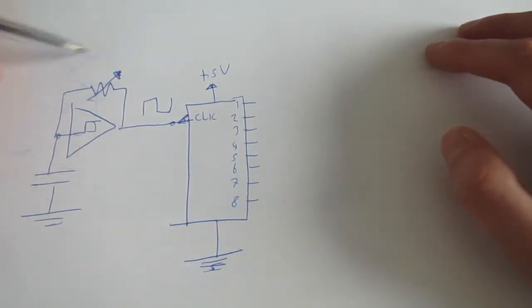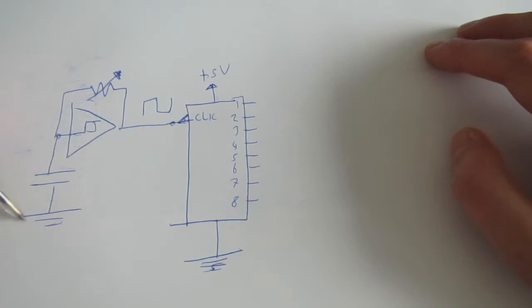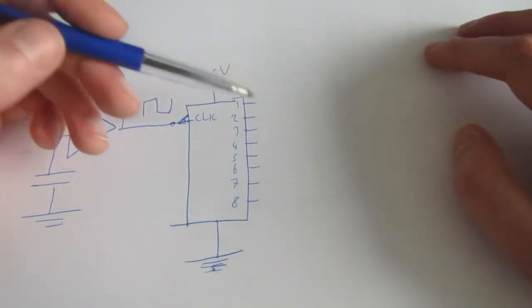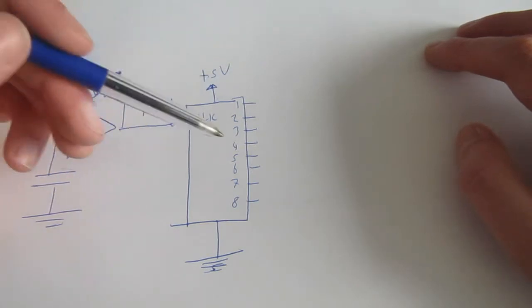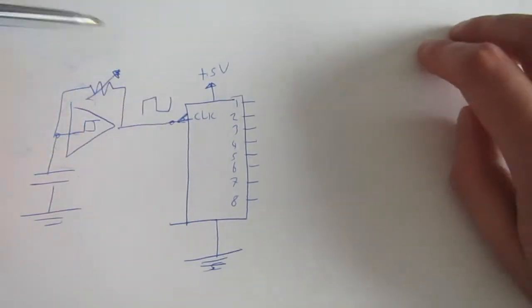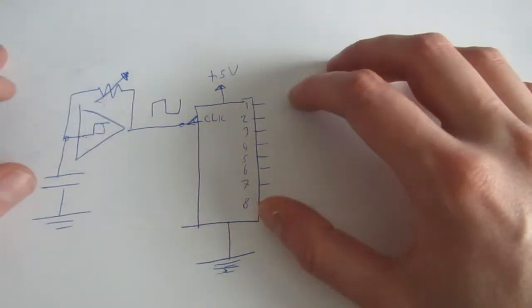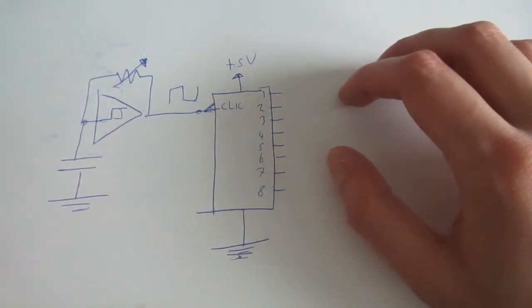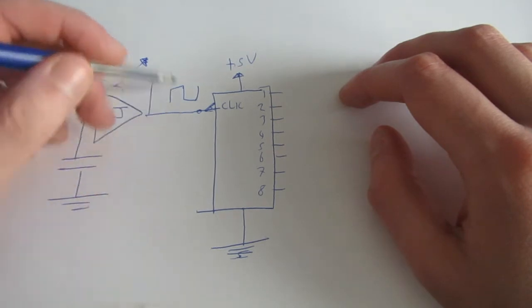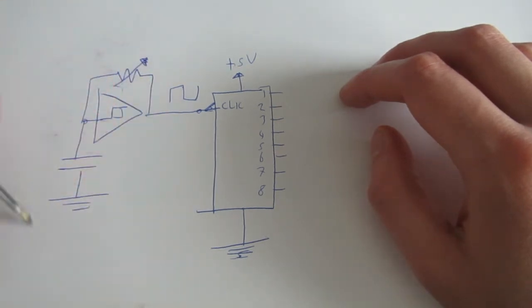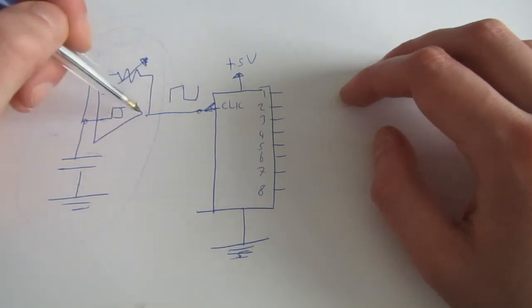We have a 40106 square wave oscillator, and we have a 4000 series TTL logic binary counter. Now you can look at this circuit in two ways. The first way you can look at it is this over here. This is a square wave oscillator. And it generates an analog square wave.